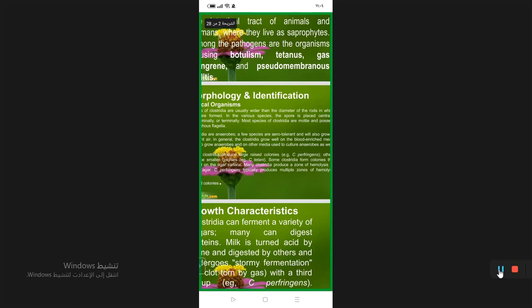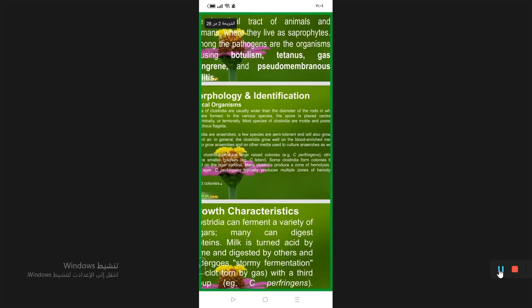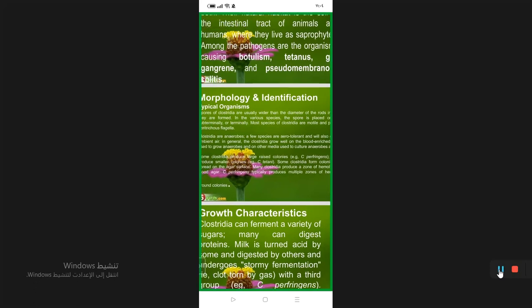Some Clostridia produce large raised colonies such as Clostridium perfringens, while Clostridium tetani produces small colonies with the presence of the swarming phenomenon. Swarming is the outgrowth from the streak line during culture.